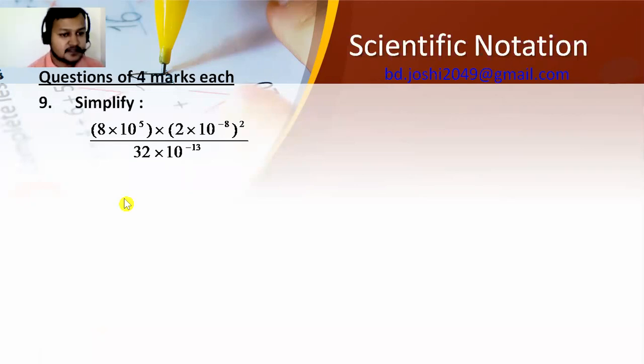Simplify 8 into 10 to the power 5 into 2 into 10 to the power minus 8 whole square divided by 32 into 10 to the power minus 13. This is the question given to us. So at first we can write it as 8 into 10 to the power 5 into 2 square.